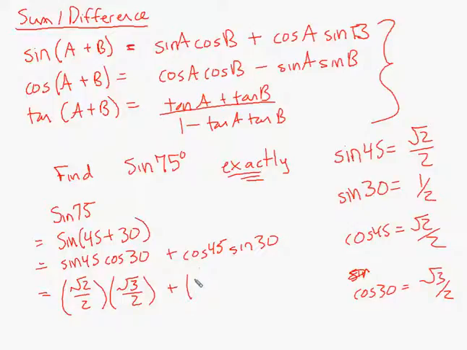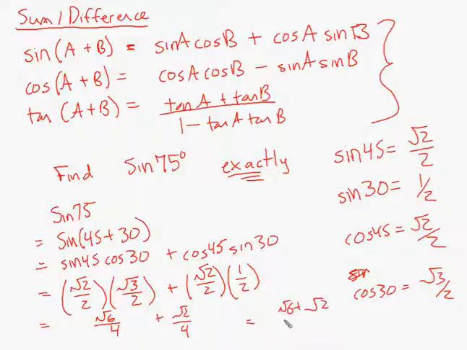Cosine of 45 is root 2 over 2. Sine of 30 is a half. So when we simplify this, remember we multiply before we add, so we get root 6 over 4 plus root 2 over 4. These have the same denominator, so I can combine them, and I get root 6 plus root 2, all over 4.